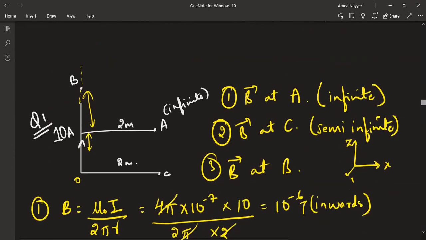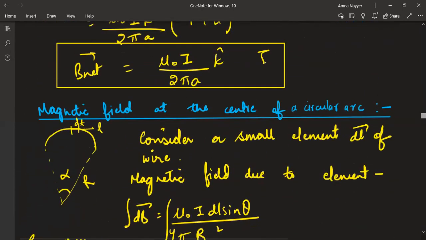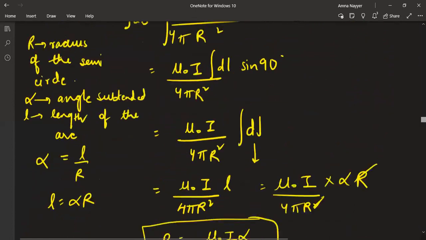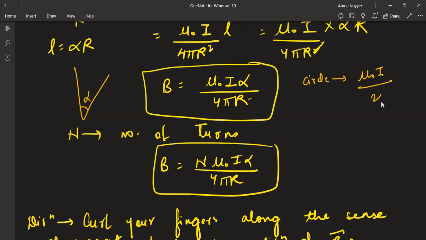So infinite, semi-infinite, then you have the circular arc. For any random circular arc, the value is mu naught I alpha by 4 pi r. What is this alpha? This alpha is the angle that is subtended at the center. If it's a proper full circle, then the value is mu naught I by 2r.